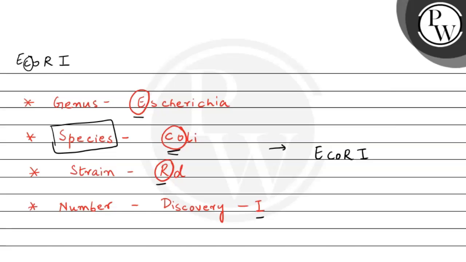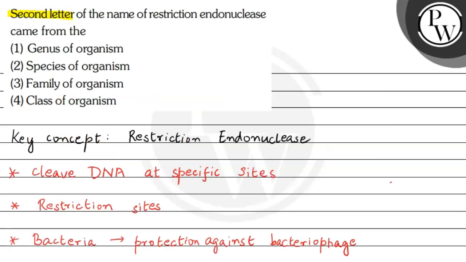Now if we see the options, the first option says genus of the organism. We saw that the first letter is derived from the genus of the organism, so this is incorrect. The second option says species of the organism. We saw that the second letter is derived from the species of the organism, so this is the correct option.